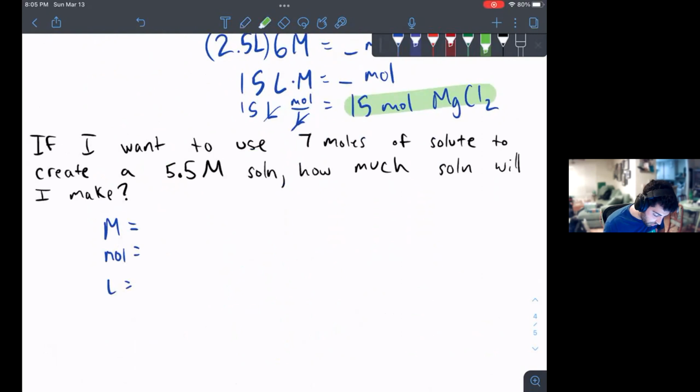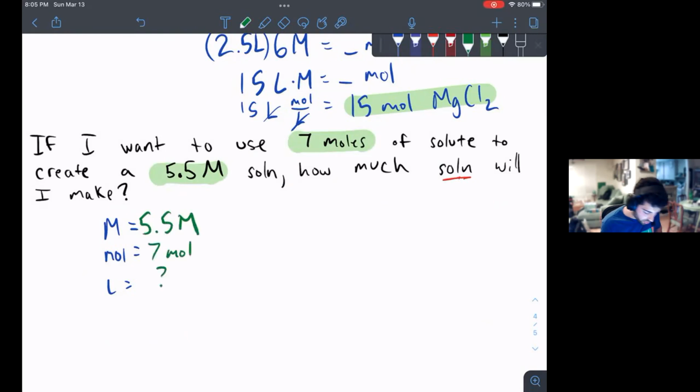And we'll just fill these in as we read. If I want to use 7 moles of solute to create a 5.5 molar solution, how much solution will I make? Well, we can fill this in. We have 5.5 molar. We have 7 mole, and a big fat question mark for liters.